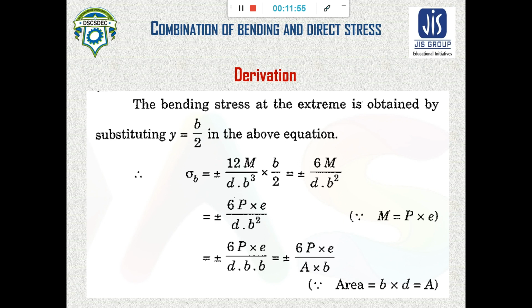Now if we simplify it, we will get plus minus 6M by d b square.